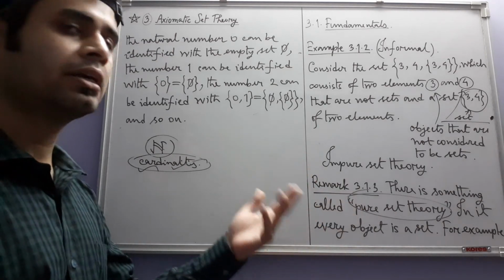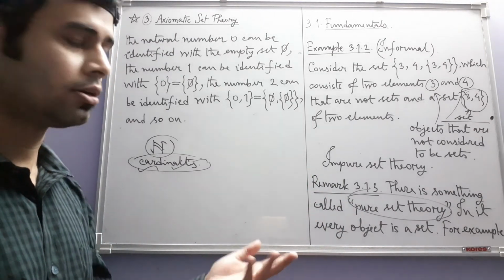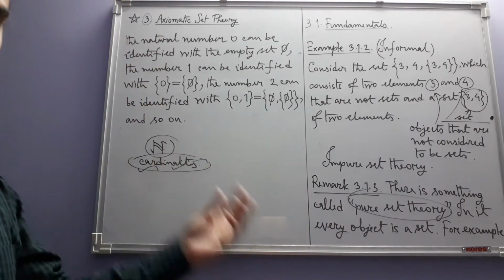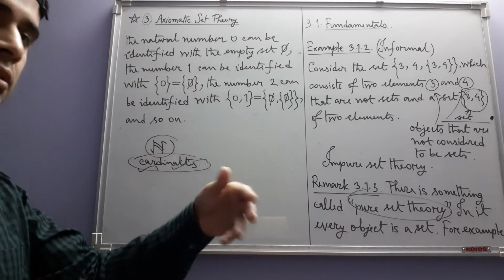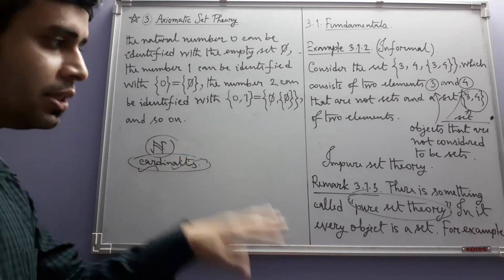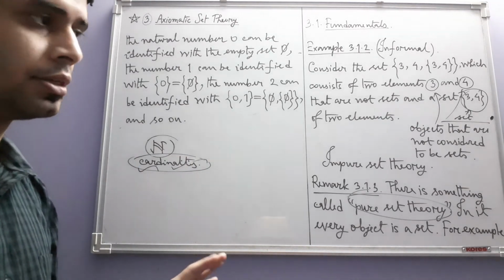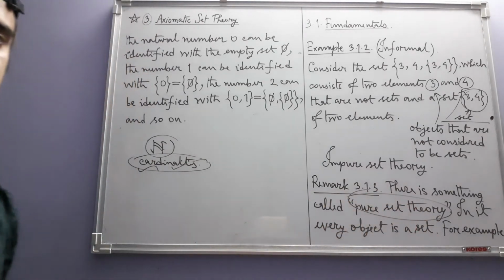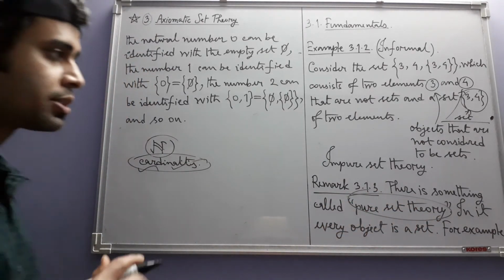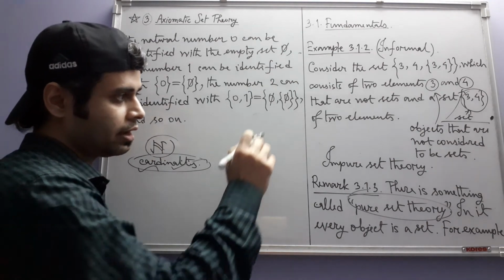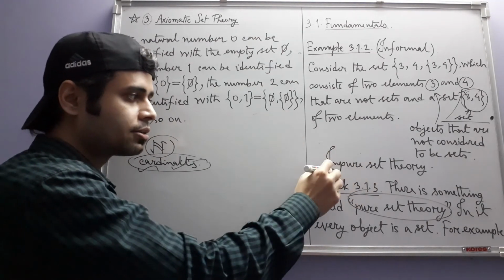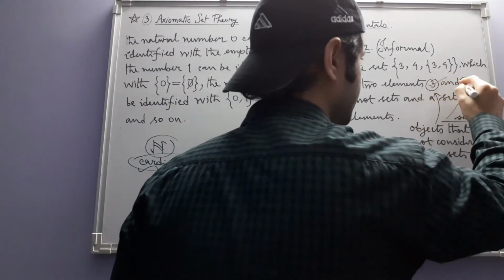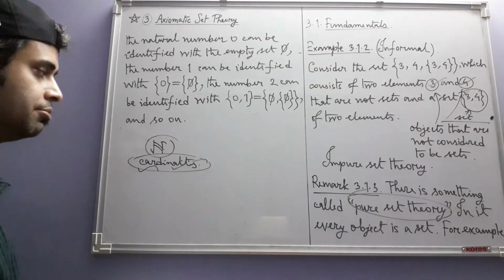We don't have different types of entities, like separately numbers, something else, sets, something else, functions, something else. No, everything ultimately comes down to sets. So from that point of view, a pure set theory is easier. But from a conceptual point of view, an impure set theory is easier to understand because we are already familiar with numbers in a slightly different way.